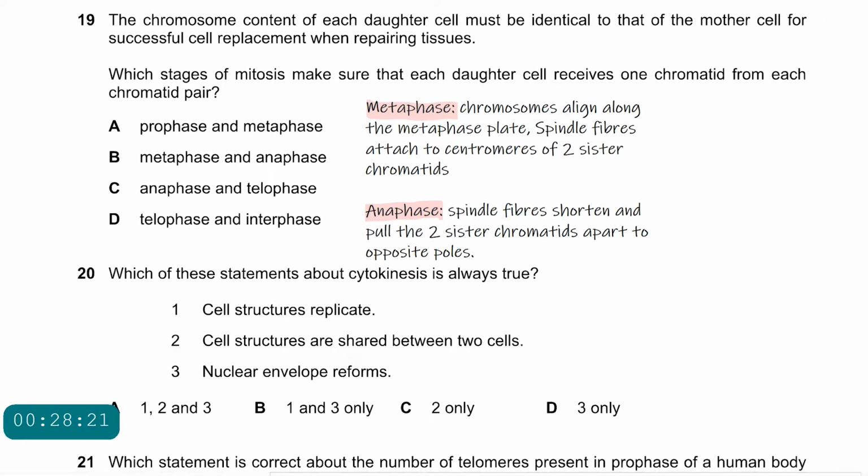The chromosome content of each daughter cell must be identical to that of the mother cell for a successful cell replication when repairing tissues. Which stages of mitosis make sure that each daughter cell receives one chromatid from each chromatid pair? To start with, there are some definitions that we have to know. In metaphase, the chromosomes align along the metaphase plate. Spindle fibers attach to the centromeres of the two sister chromatids.